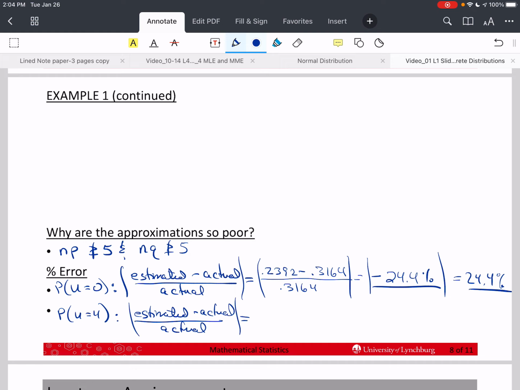And for this one, the estimated was 0.0018 minus the actual 0.0039, and then divided by 0.0039, and this is negative 53.8%. So a little more than half off below. Okay, so we underestimated. This is a very bad approximation.